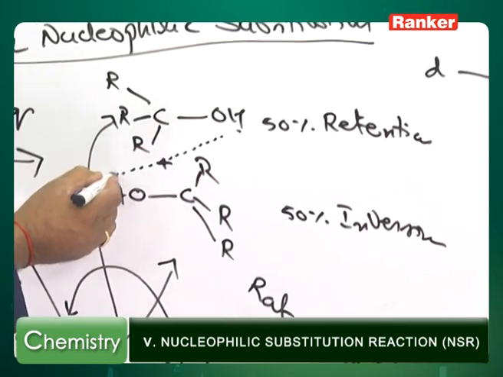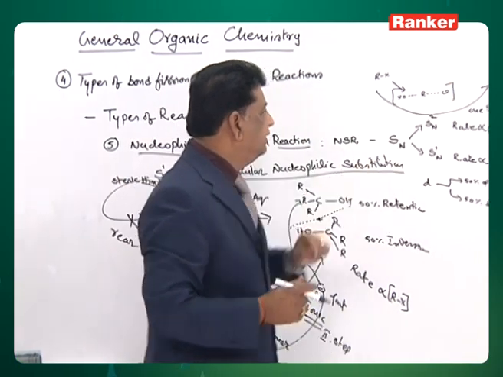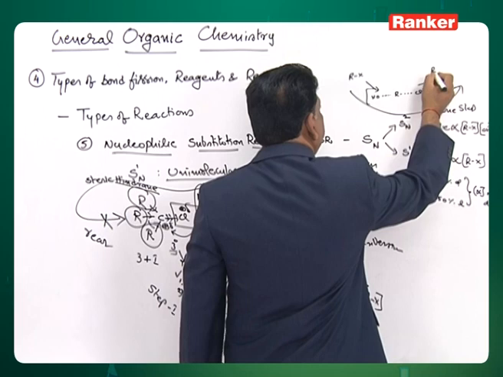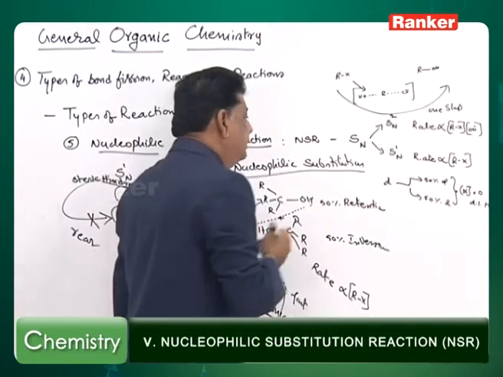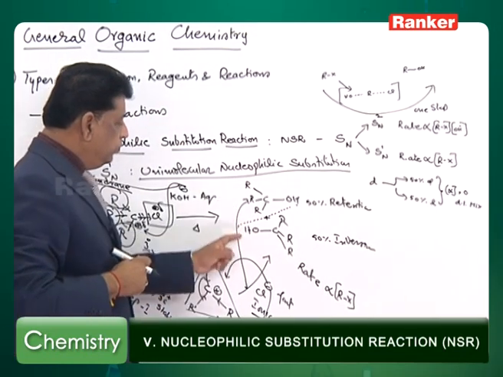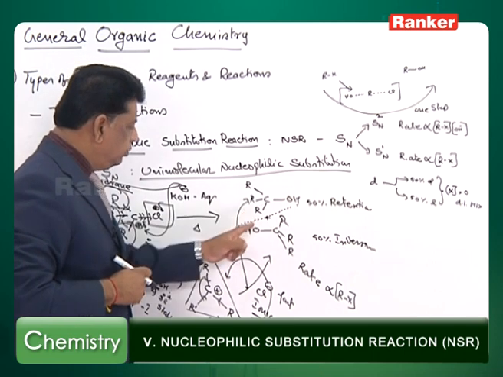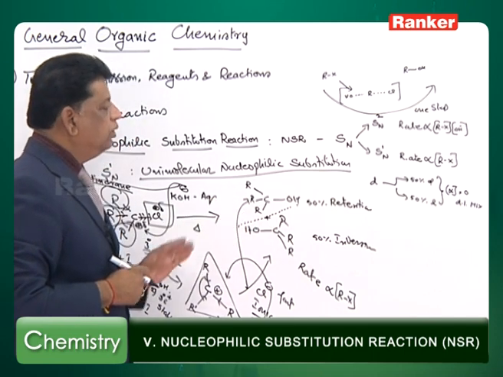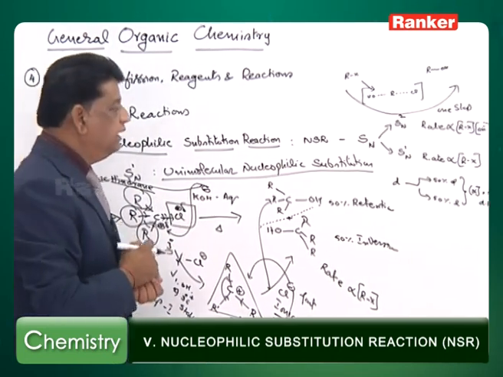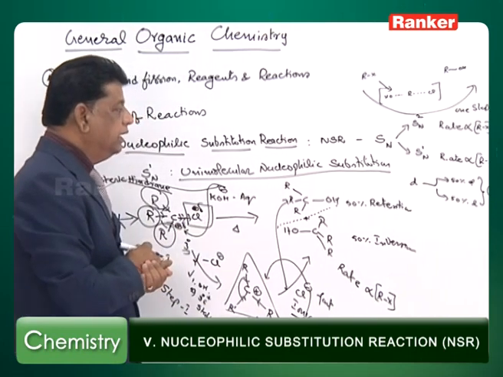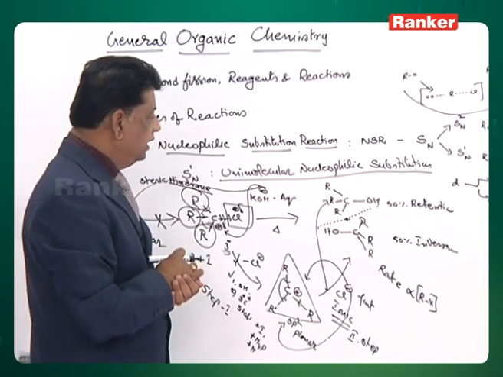Unlike the previous case, where the relation between the starting material and the product seems to be a mirror image, here it is not like that. The two products are exactly enantiomers because the functional group is the same. It's a mirror image of this one. So the product will have 50% dextro and 50% levo. Exactly opposite means a racemic mixture is formed, so the optical activity of that racemic mixture will be 0.